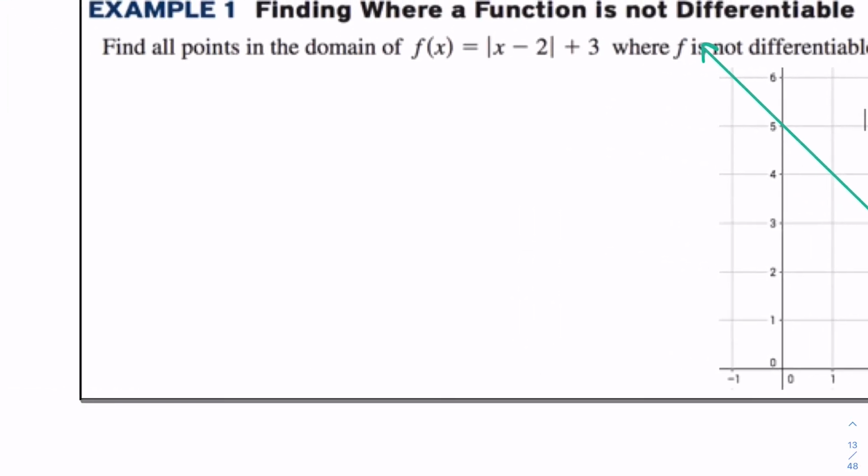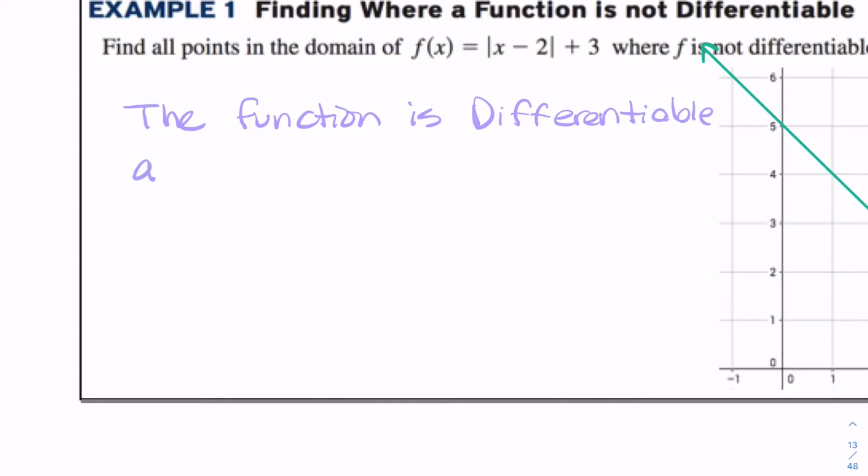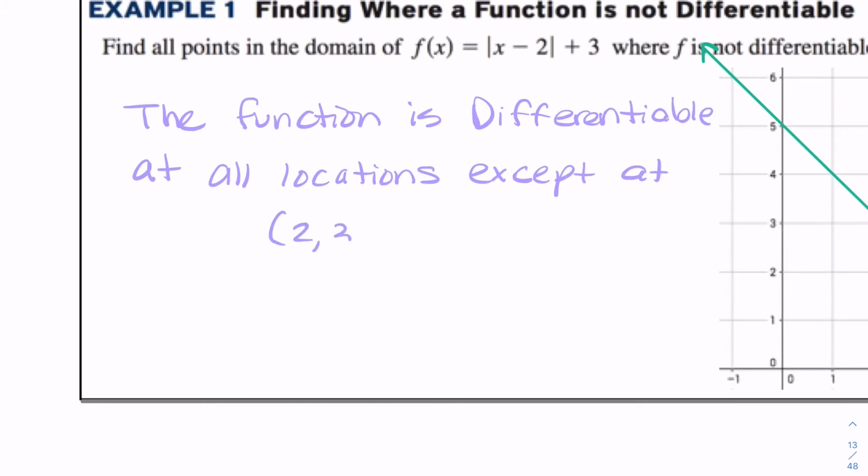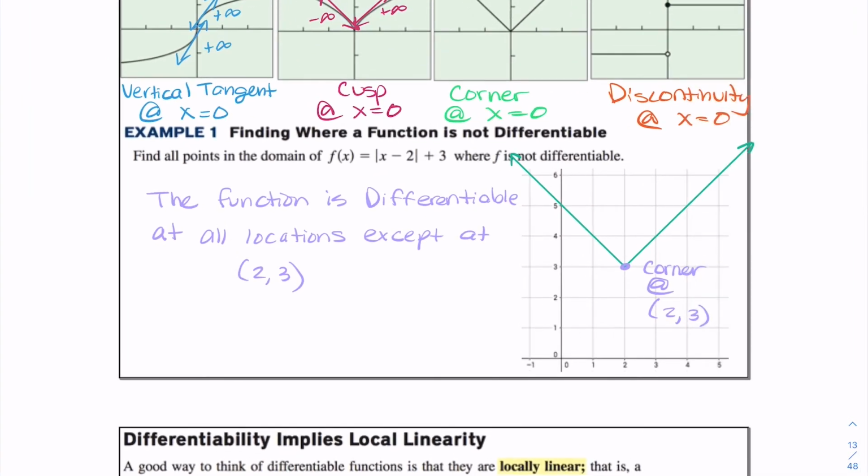So we're going to say the function is differentiable at all locations except at 2 comma 3. And that's it.